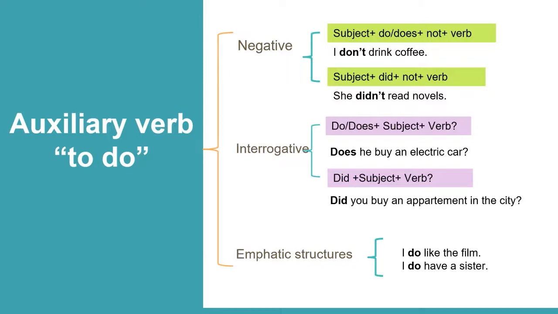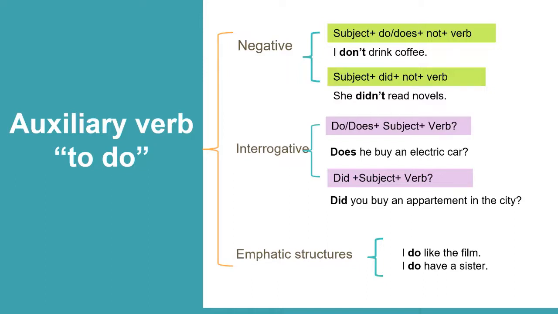To make interrogative sentences, the auxiliary verb comes at the beginning of the sentence. For example, does he buy an electric car? In interrogative sentences in past simple, the auxiliary verb is in past simple. Did you buy an apartment in the city?